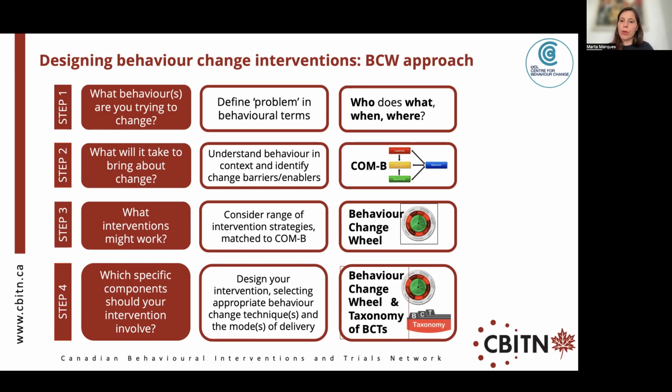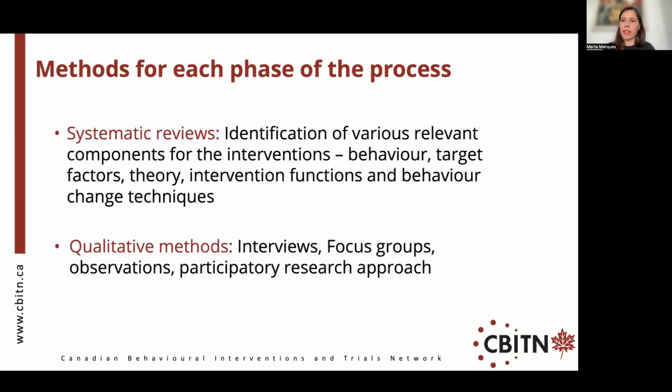As I mentioned before, the behavior change wheel has these 3 layers that you can see here, although it's very small, but I'll show it again. And these steps will help you move through the different layers within the behavior change wheel.